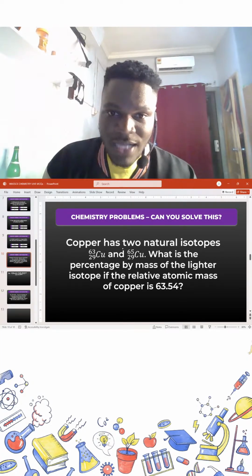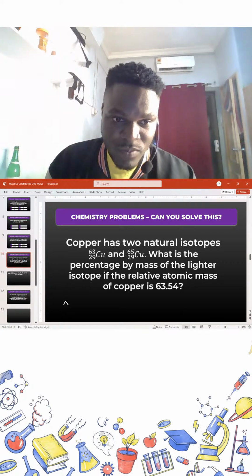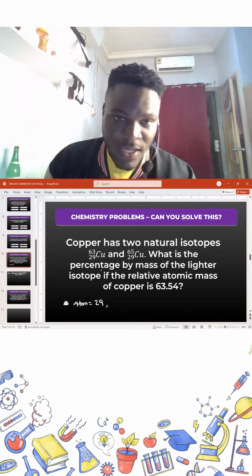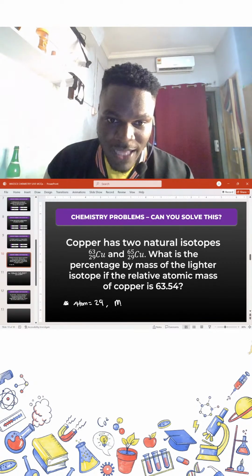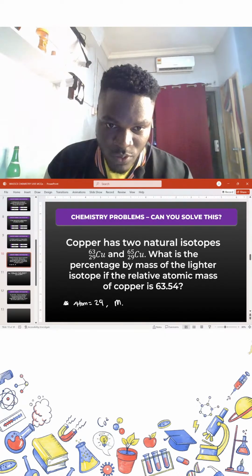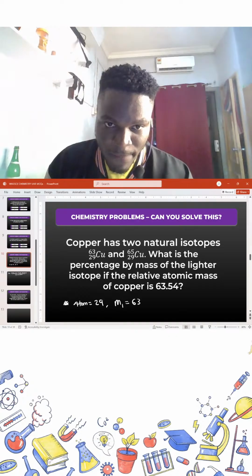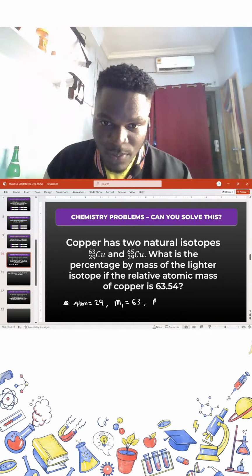Now, if you look at what we have over here, we have the atomic number. Let me use A to represent it. So the atomic number for copper is 29. Are we okay? Now, the mass number for the lighter copper, I'll use M1. The mass number is the number at the top over here, which is 63. Then the mass number for the second copper, let me make that M2, is 65.